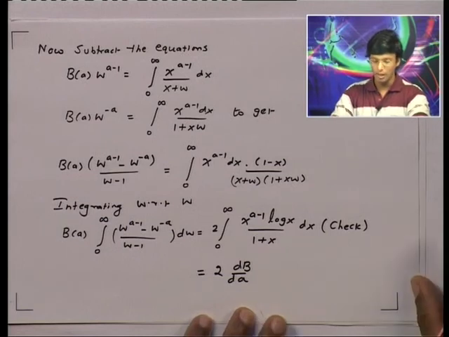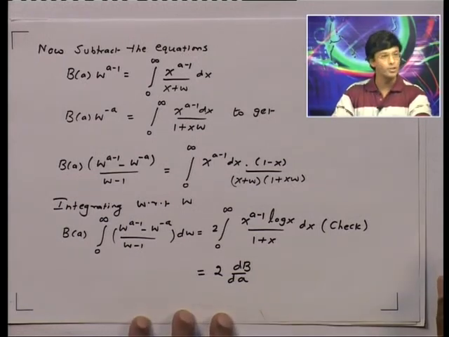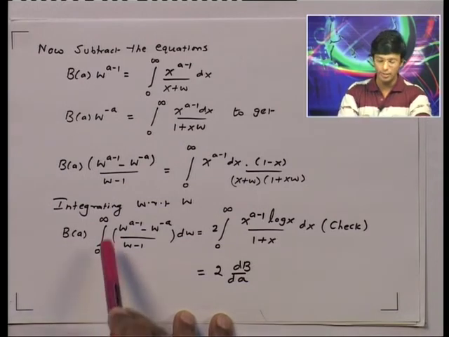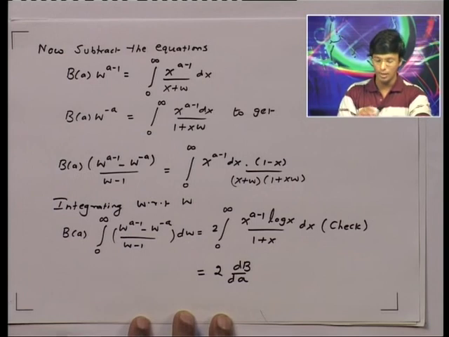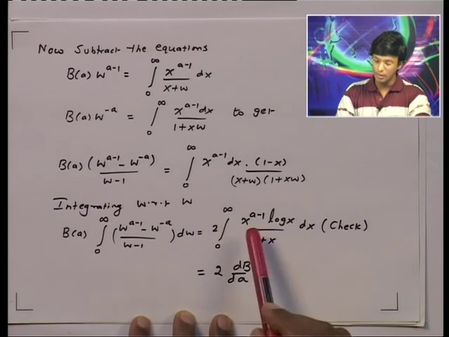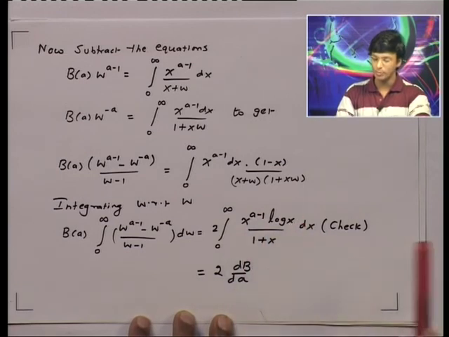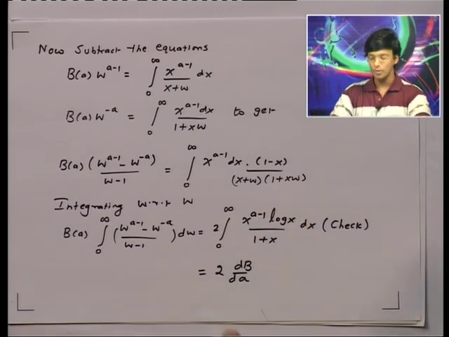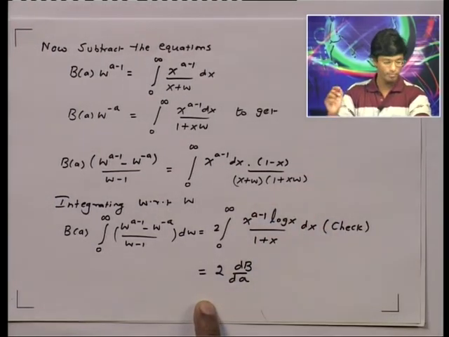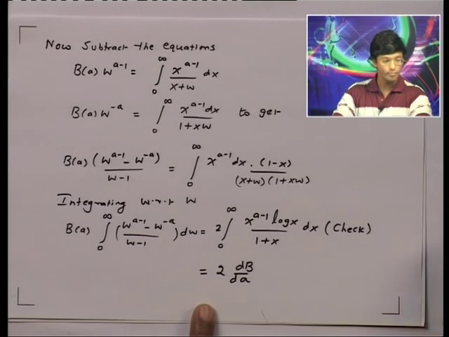Now, integrate from 0 to infinity and you get B(a) times the integral 0 to infinity (w^(a-1) - w^(-a)) upon (w - 1) dw equal to the integral from 0 to infinity x^(a-1) log x upon (1 + x) dx. So, this integral you have to perform and you get this, alright.